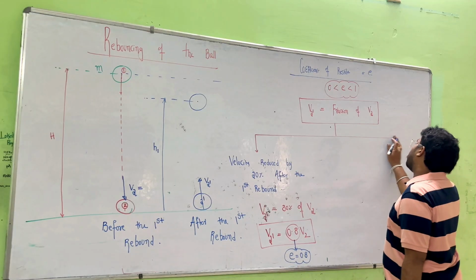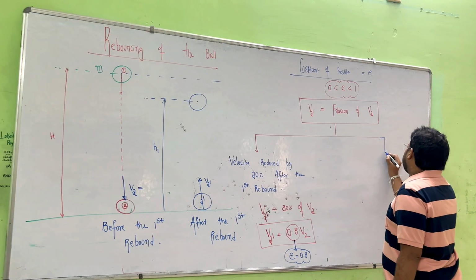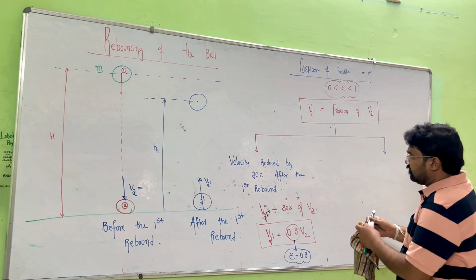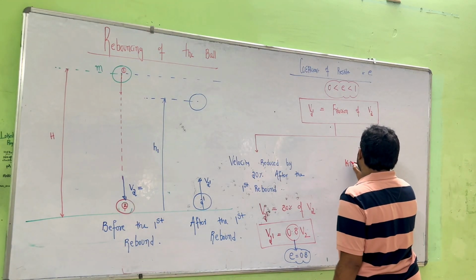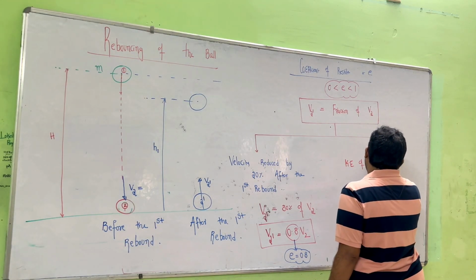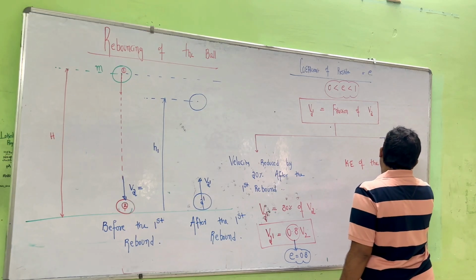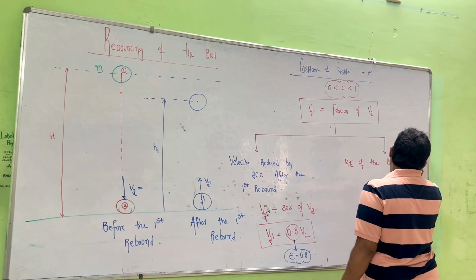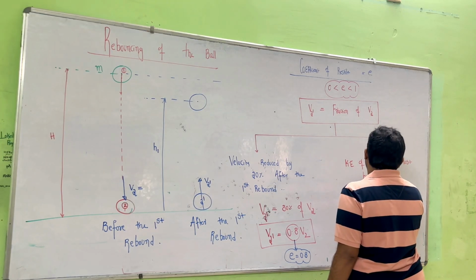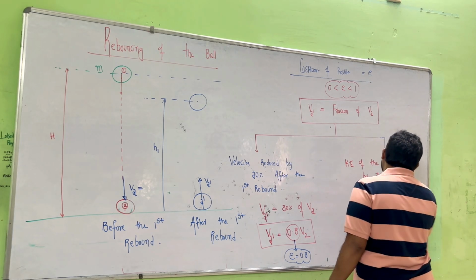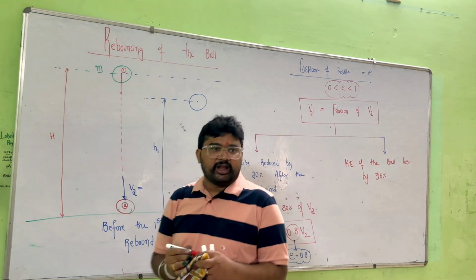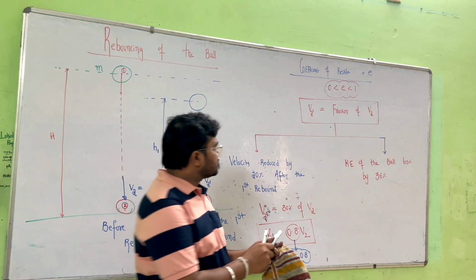Second: kinetic energy of the ball is lost by 36% in the first rebound.